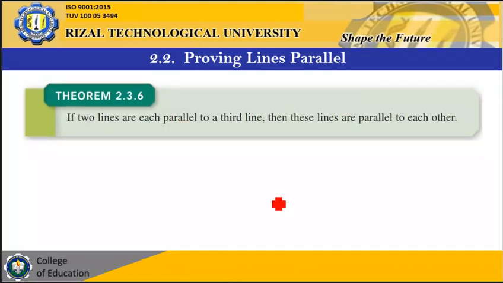Another theorem that we should be reminded of is: if two lines are each parallel to a third line, then these lines are parallel to each other. This one is actually proved using the transitive property, but I'll no longer show it to you. I will just illustrate it.